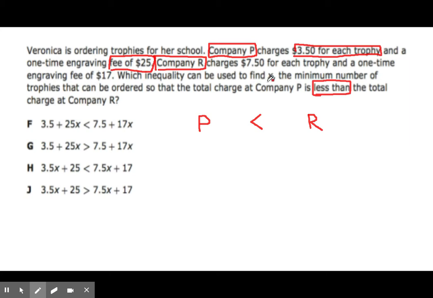Well, we know, again, if we look at that question, our variable is going to represent the minimum number of trophies. All right. So our number of trophies is our X. So our variable, actually here, so there's no confusion, I'm going to write it up here. So our variable, our X, is the number of trophies, right?